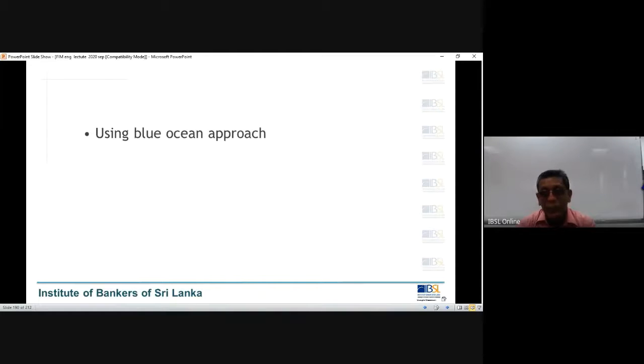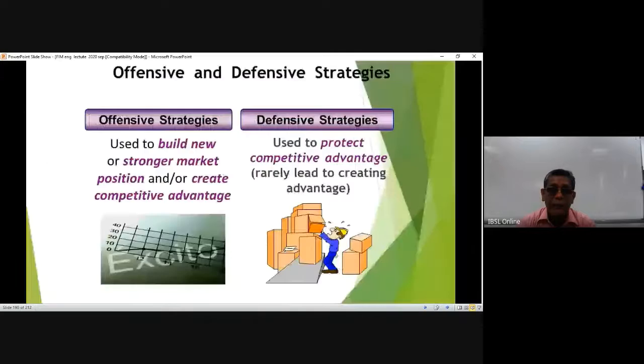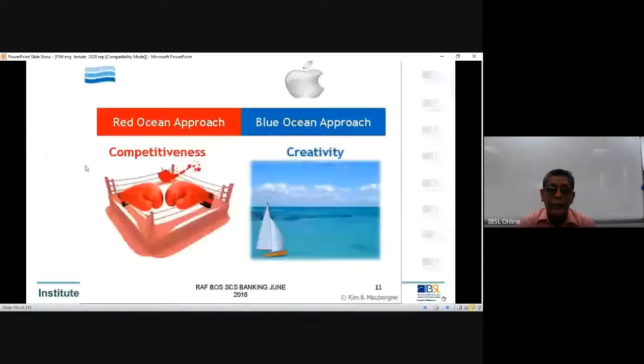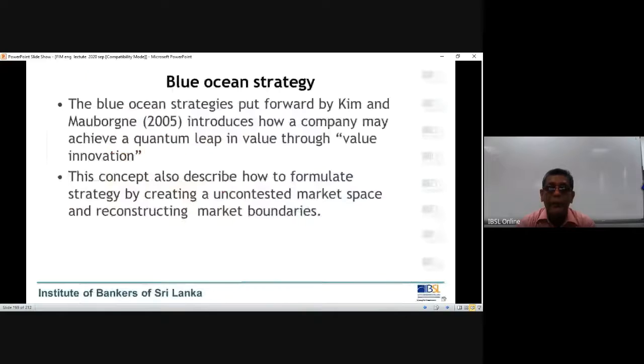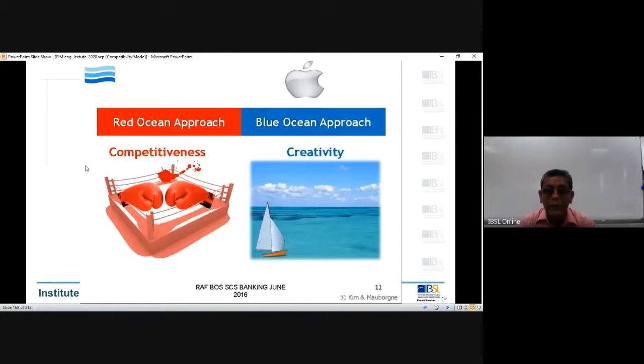We are always trying to beat the competitor by using one of these strategies. So this is red ocean, we are fighting each other.